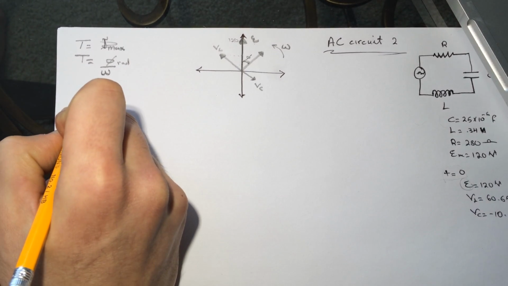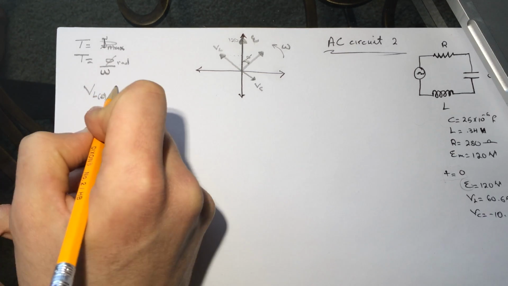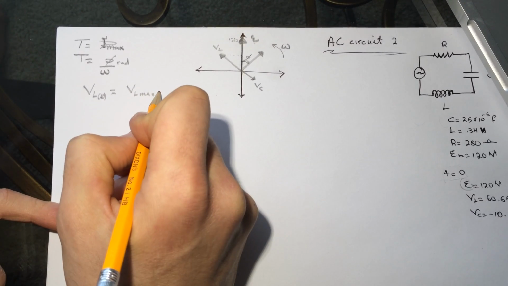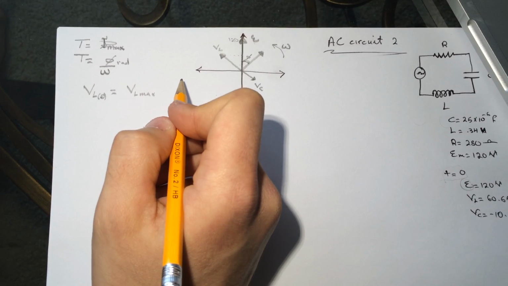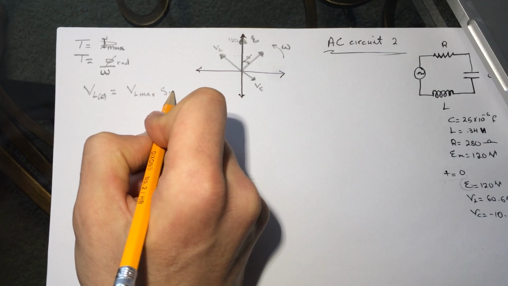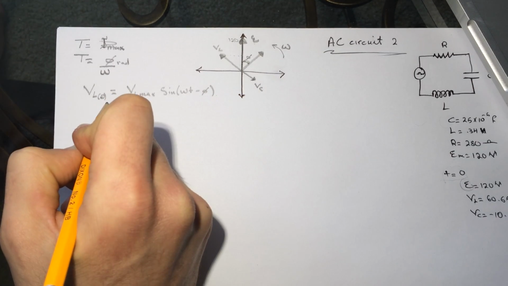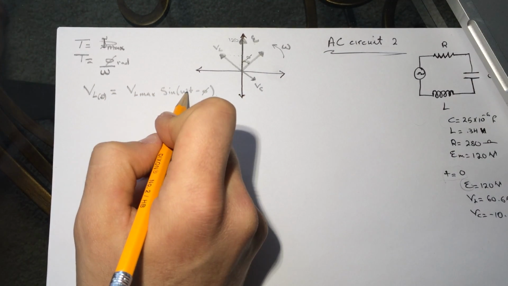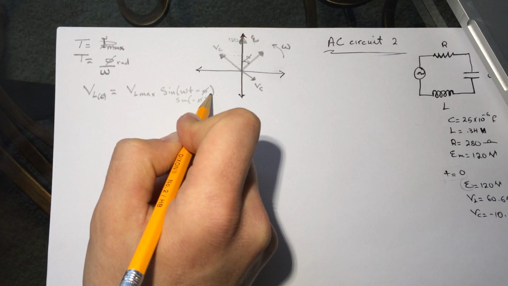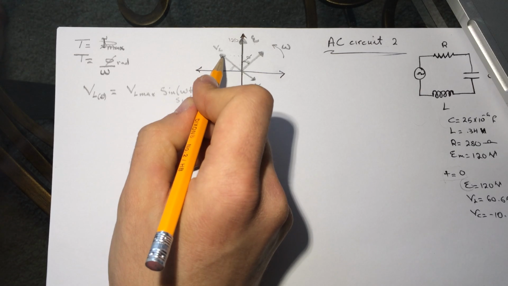So let's see, VL at time equals 0 will be VL max, and since this one is positive, we want to use the sine of omega t minus phi. Okay, so if we put the time equal to 0, sine of a negative angle will be negative, and this is positive.